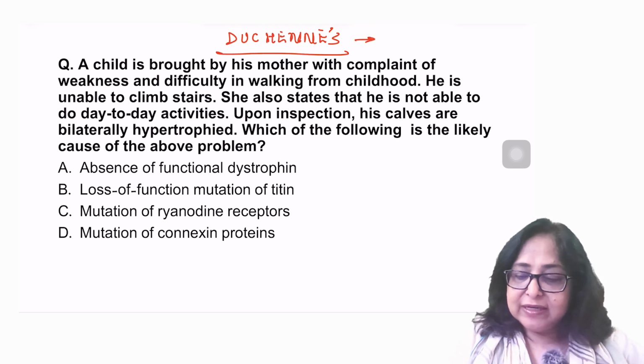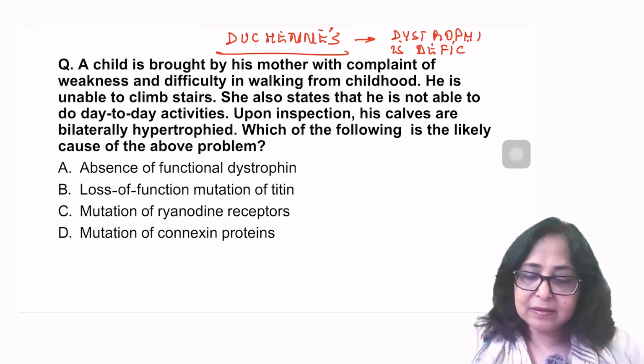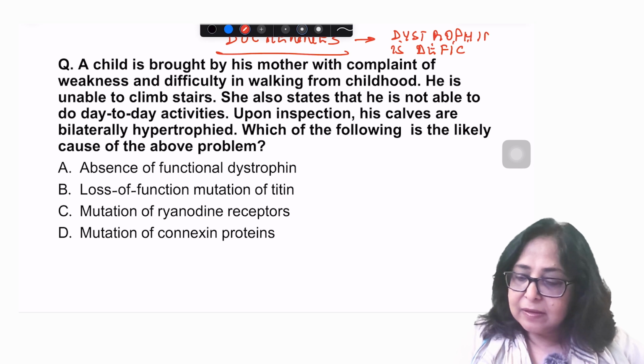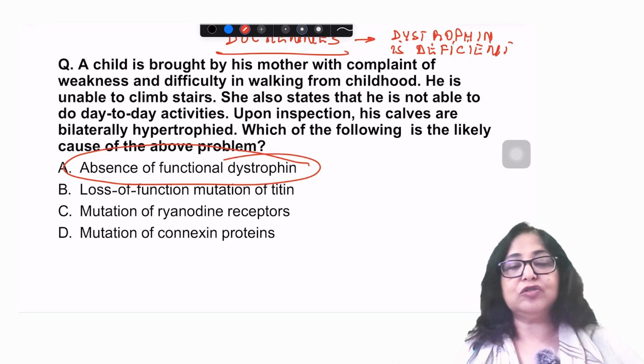Remember, in Duchenne's, dystrophin is deficient. D for Duchenne, D for dystrophin, and D for deficient. So there is absence of functional dystrophin.